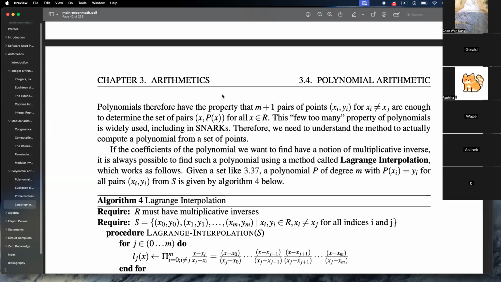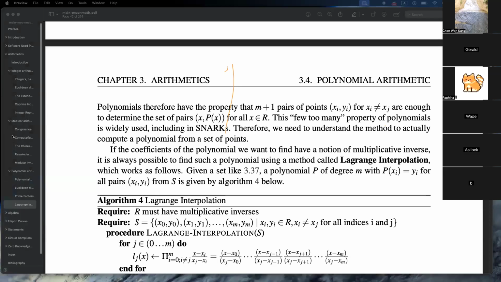Essentially, you have some points. Let me just draw simply points. What Lagrange interpolation does is it draws the line, and this is usually a polynomial in this case.